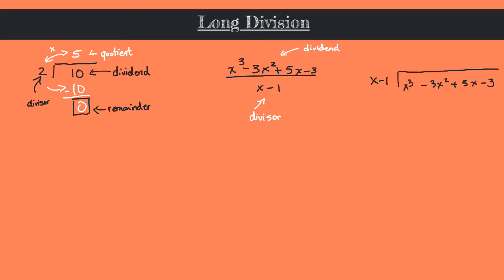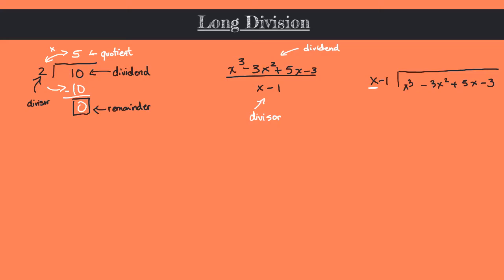Now, this process is very redundant, so there is, of course, a trend that you're going to see. What you're going to do is always start with the first term of your divisor, and that is what you're going to divide into every term in your dividend step by step.